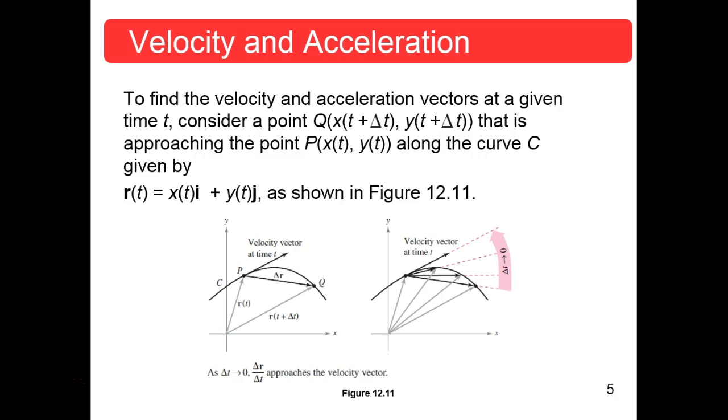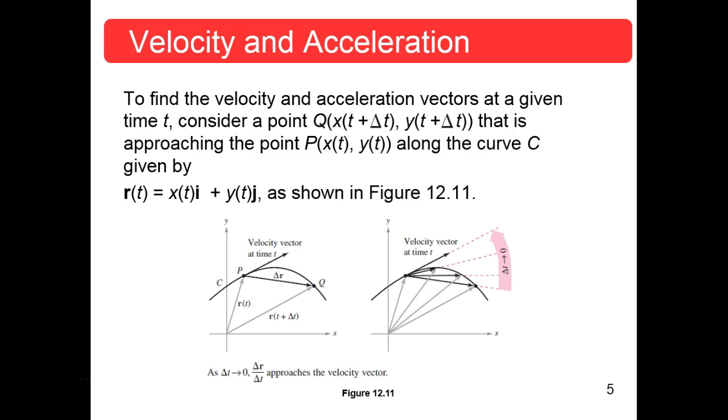As you let Q come back up the curve, getting closer and closer to P, the delta r vector is getting closer and closer to 0 as it moves up the curve.